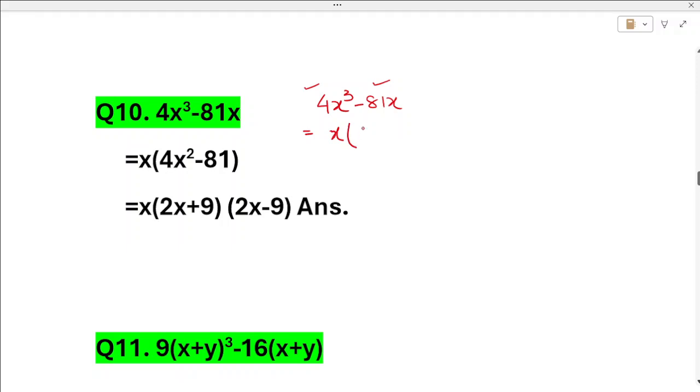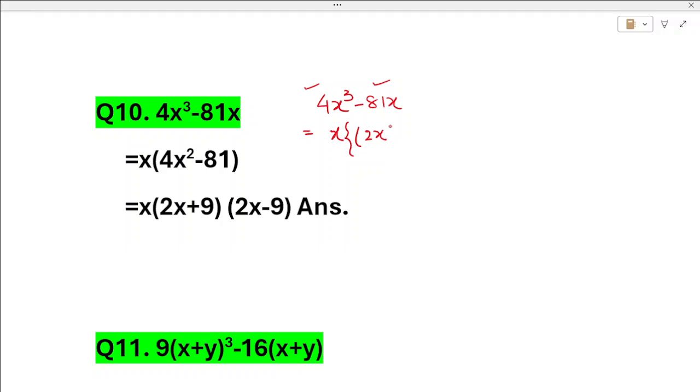Okay, so take it out. What remains inside the bracket? Just wait, I want to erase and put the correct bracket here. Okay, so I have taken x as common outside the bracket. Now you need to put a bracket here, and inside the bracket it becomes 2x.